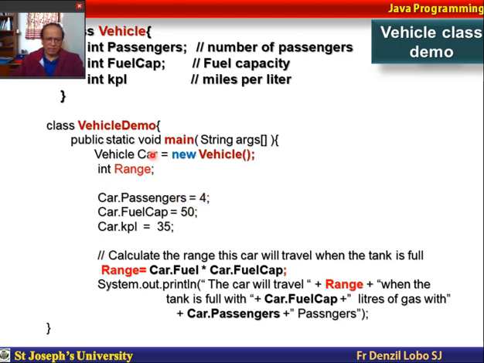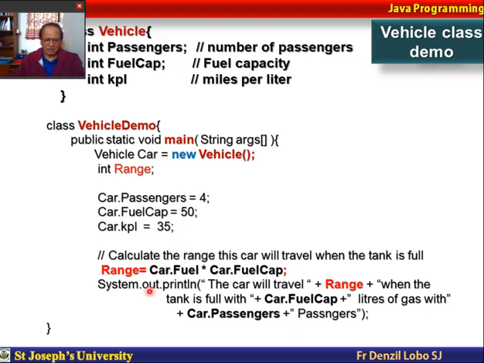Car is my object. So car.passengers, because it's a vehicle type, I assign 4. Car.fuelcap is 50 liters. Car.kilometers per liter, 35. It runs 35 kilometers per liter. So these are the data. I am assigning the data directly to this car.